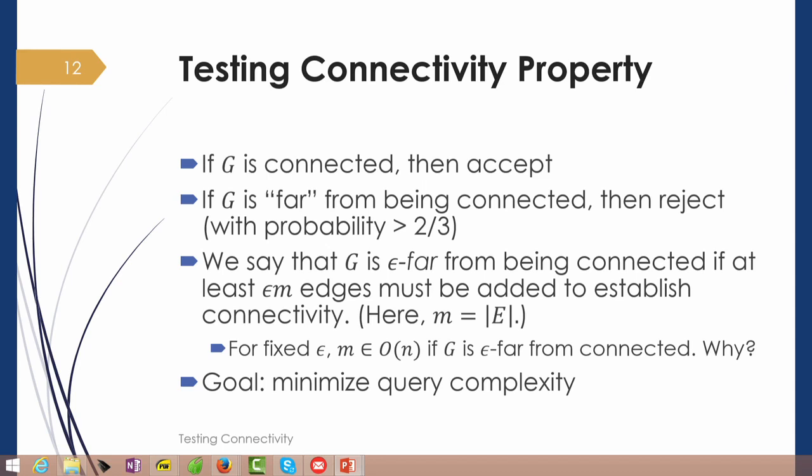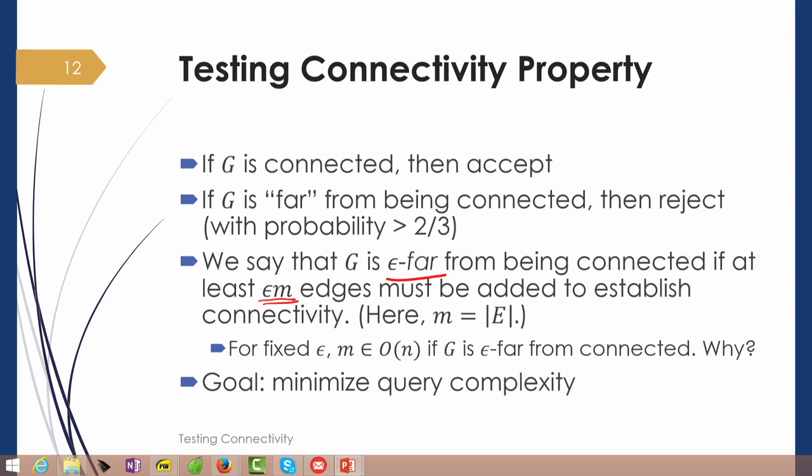And what does it mean for a graph to be far from being connected? Well, this fits in with the notion of being far from having a property that we've already discussed in the first segment. A graph is epsilon far from being connected if at least epsilon m edges must be added to establish connectivity.